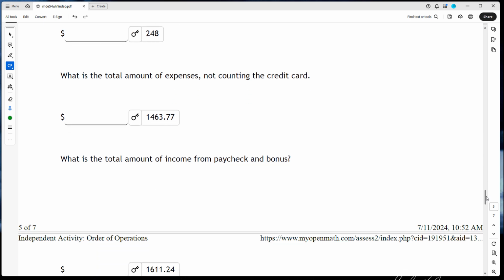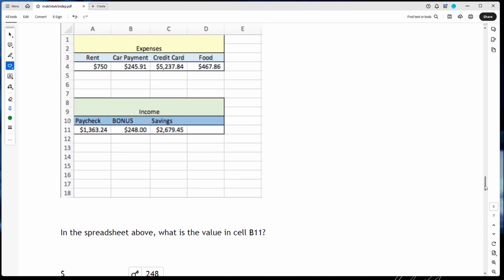What is the total from the income from the paycheck and the bonus? Income, paycheck, and the bonus is there. Those two. You clear your calculator again.